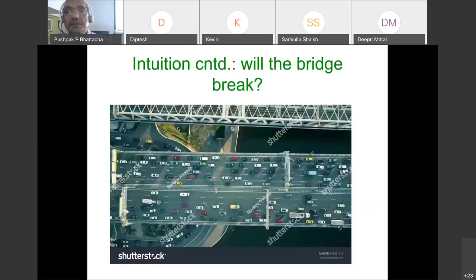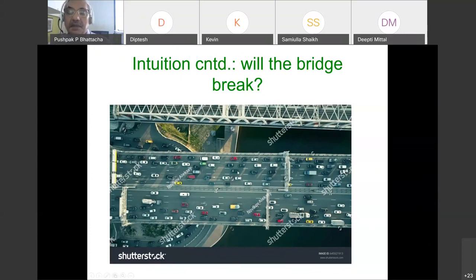This methodology we have very well understood through the bridge example, which started our probability lecture. I would like to again remind you of the main points of this example, because it is so analogous to the kind of questions that we are asking. The question being asked was, how many cars on the bridge will make the bridge unsafe?